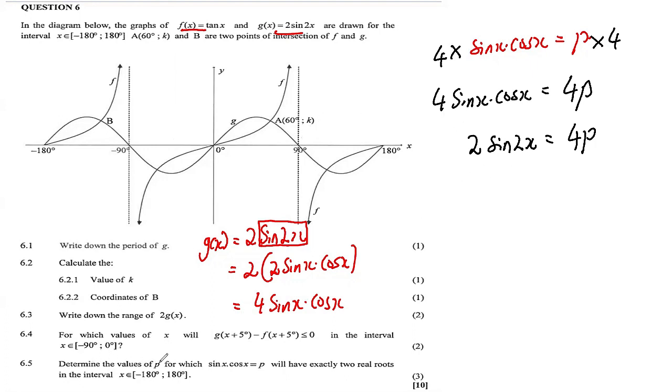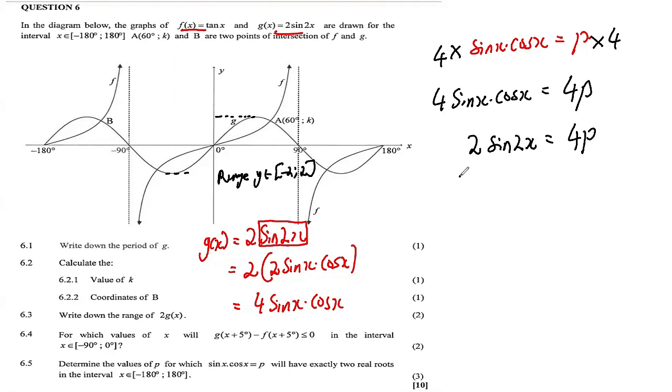So they're saying determine the value of p for which this will have exactly 2 real roots, right? Note that we concluded that the range of the graph of g here is actually y element of -2 to +2. So that means this graph can either have its lowest value being -2 or its maximum value being +2. Nothing below that, nothing beyond that.